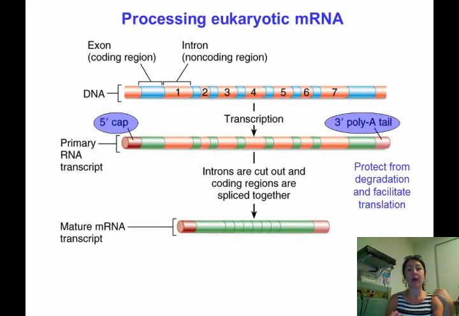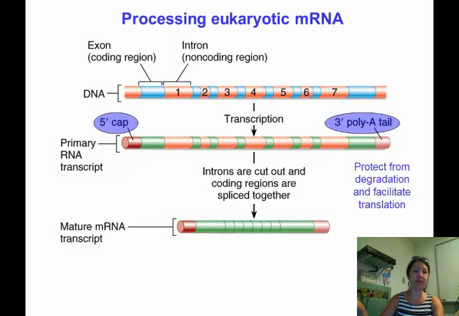And so what we're seeing is that during transcription, we have what's called a 5' cap and a 3' A tail. In our primary piece of RNA transcript, we've got these regions where we're transcribing from the piece of DNA to the RNA.